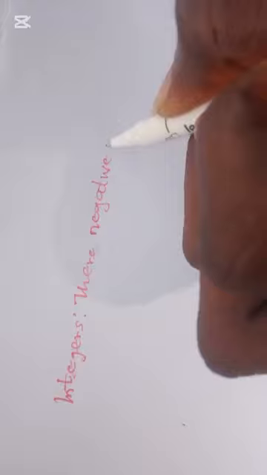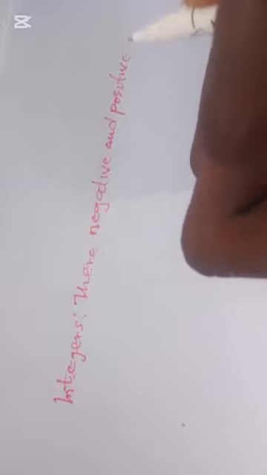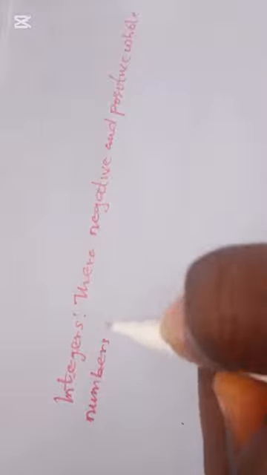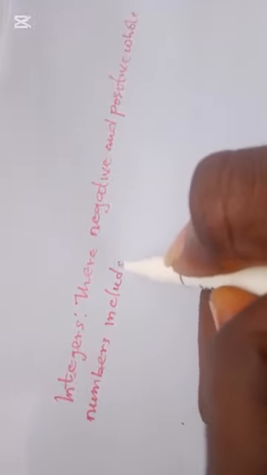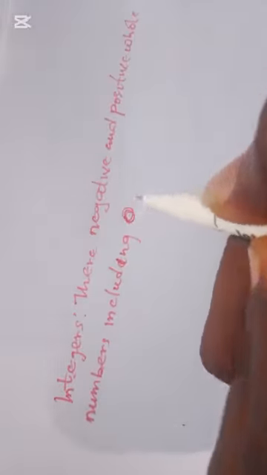When we are talking about integers, these are negative and positive whole numbers, including zero.